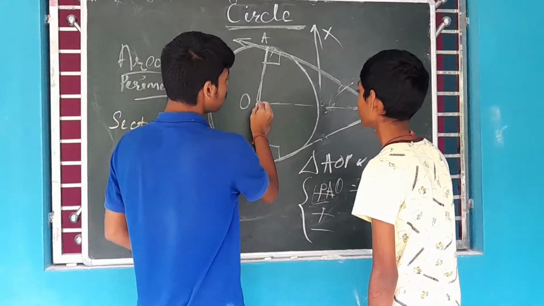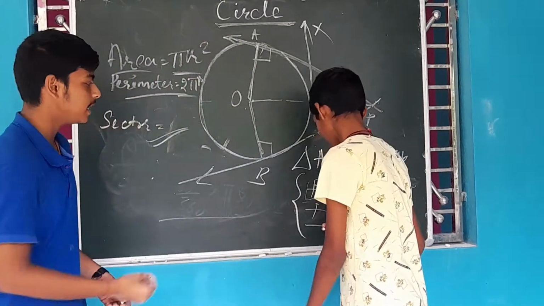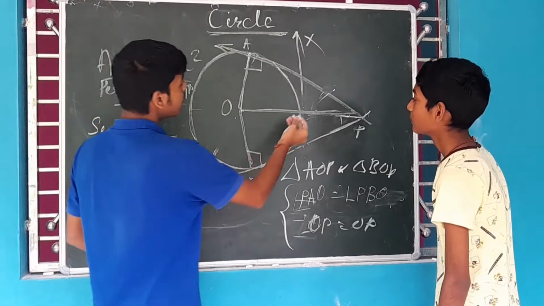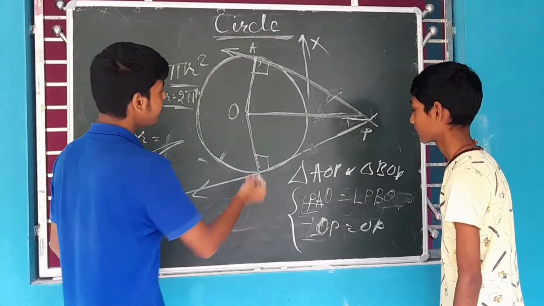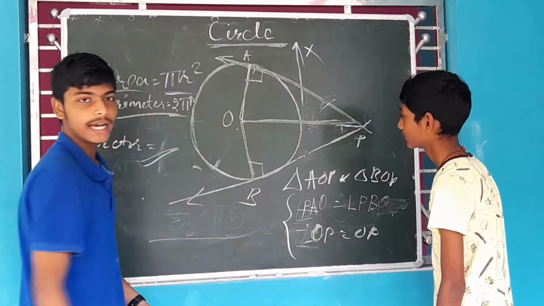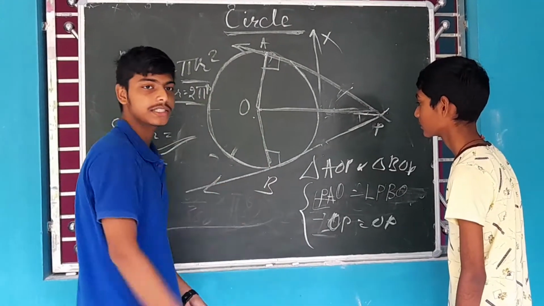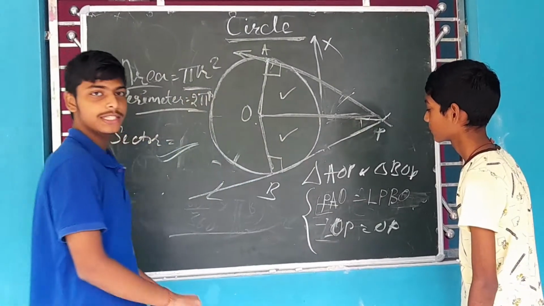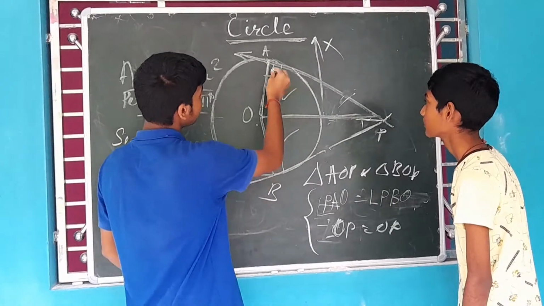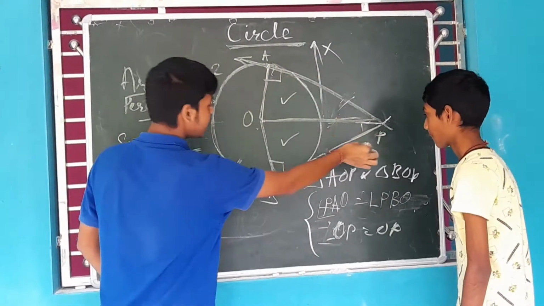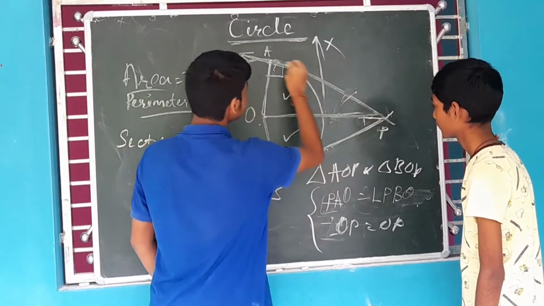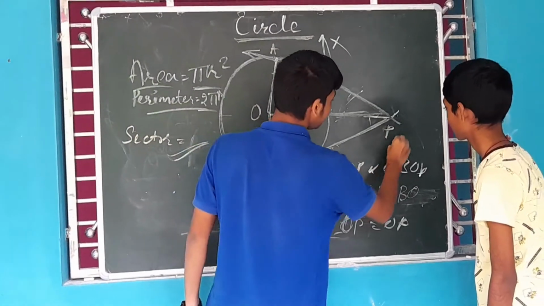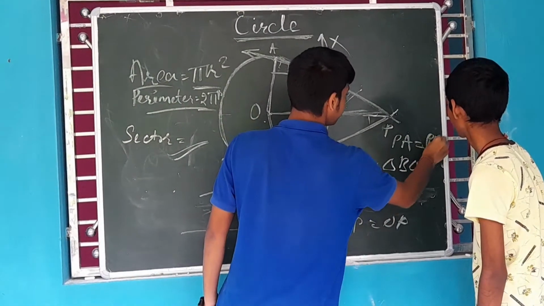We have OP equal to OP in these two triangles, as it is common in both triangles, and the third is OA equal to OB, as both are equal as radii. So we have proved that this triangle is congruent to this triangle. As these triangles have the parts PA and PB, these two lines will be equal. So we have proved the theorem that PA is equal to PB.